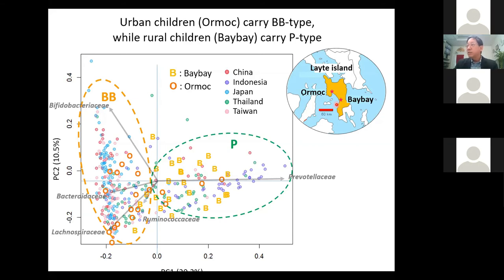So genetically same, and the distance is only 50 kilometers, but colonized gut microflora are quite different type. Okay.